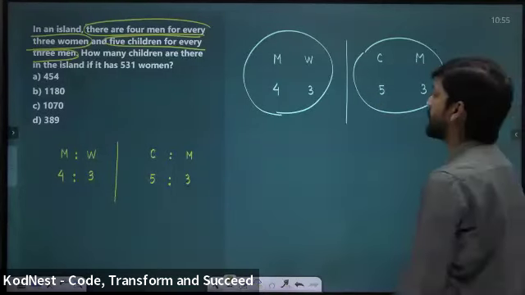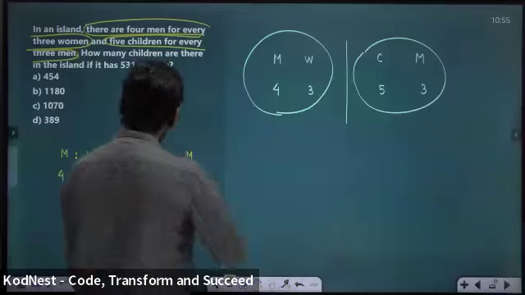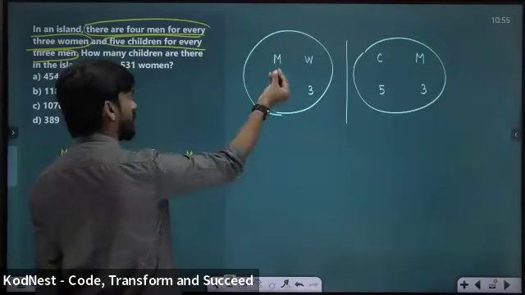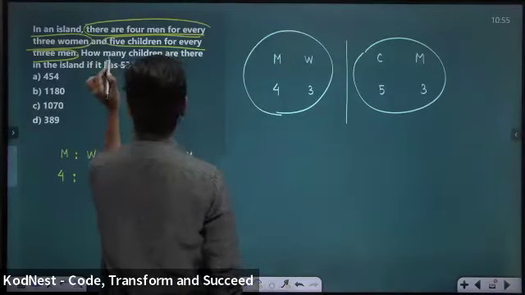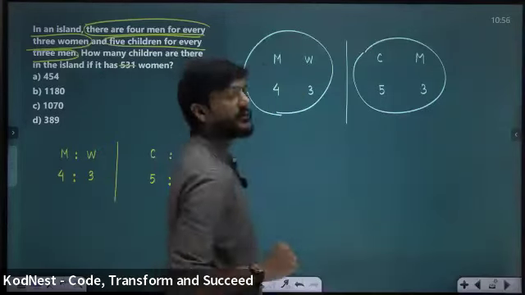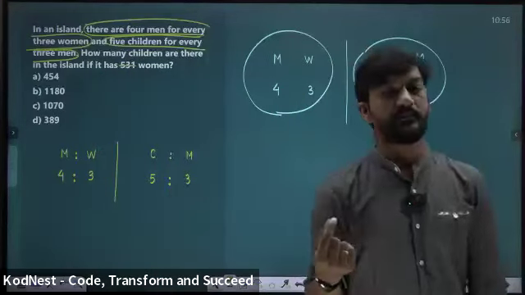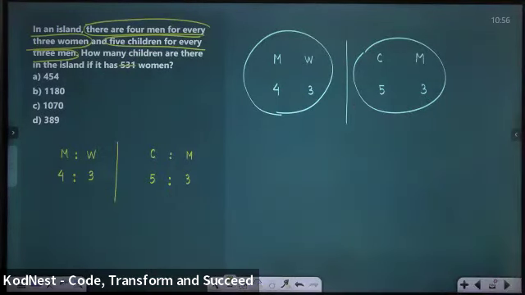Okay, carefully answer. I have directly taken the values from the ratio. Now, don't see this right now, just look at the values. If I ask you, how many men? What will you say? 4. How come 4?